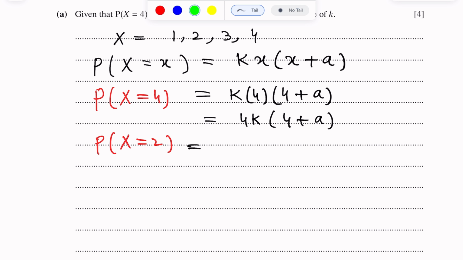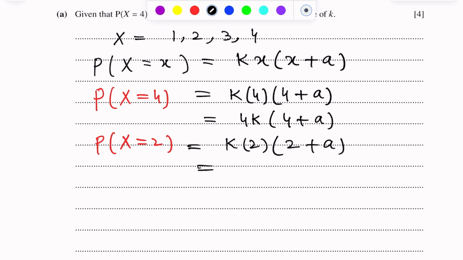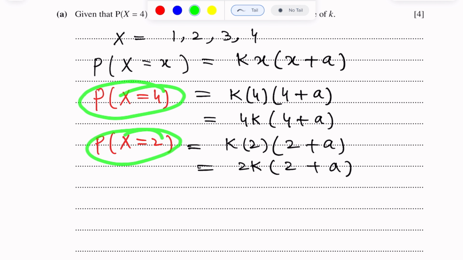Putting the value in the same relation, k into 2 into (2 plus a). We get 2k into (2 plus a). So these are the probabilities of X equal to 4 and X equal to 2.